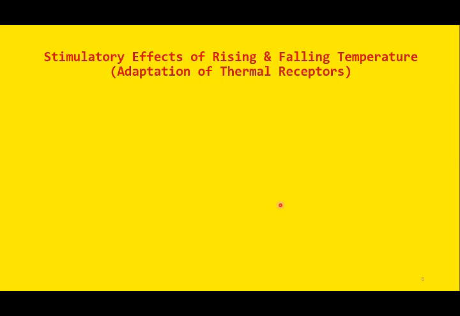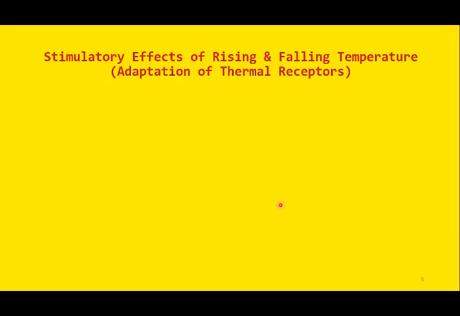Like any other sensory receptor, these thermoreceptors also exhibit the phenomenon of adaptation. You have already learned the phenomenon of receptor adaptation. By adaptation, we mean decline in the response of a receptor to a stimulus.